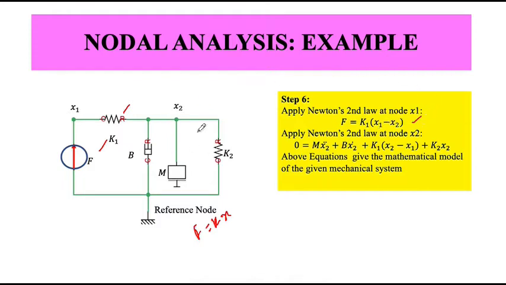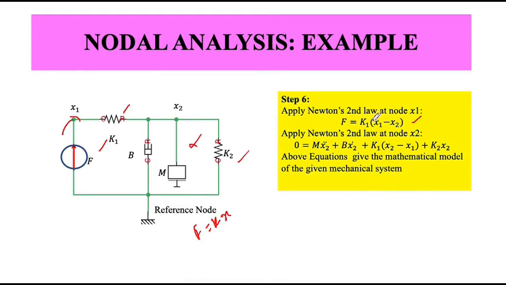Similarly at the second node, the sum of all forces is 0. There is an external force coming here, therefore I will have a force corresponding to this inertia element as m times the double differentiation of x2. The force corresponding to spring K2 with displacement x2 is K2 x2.